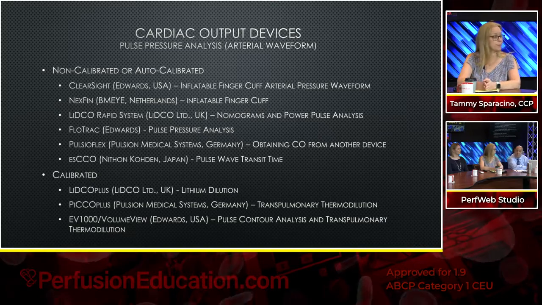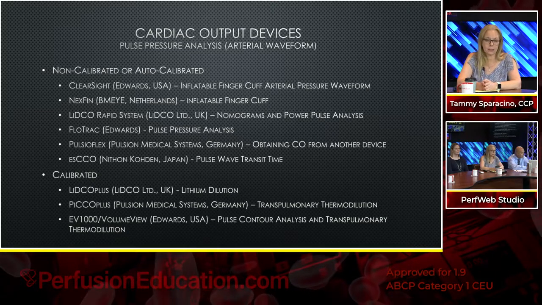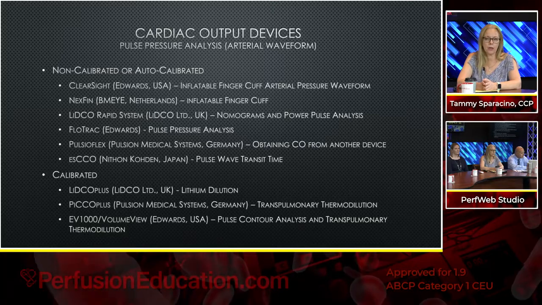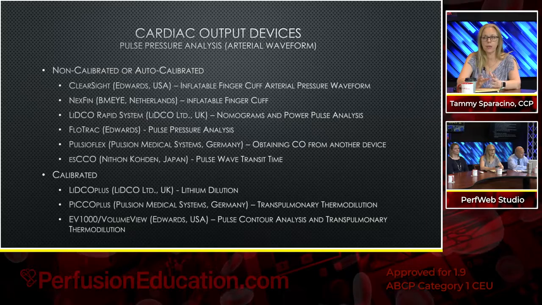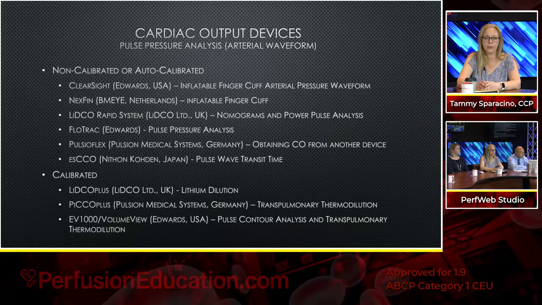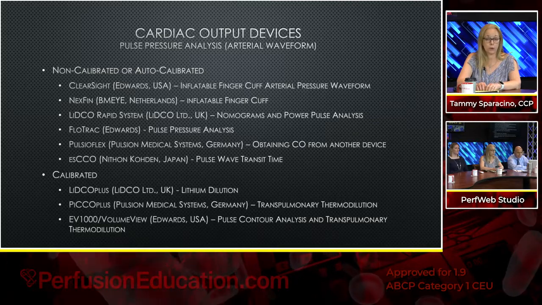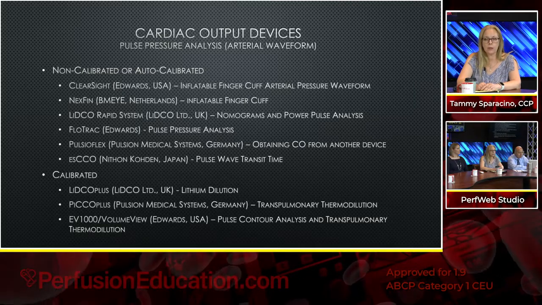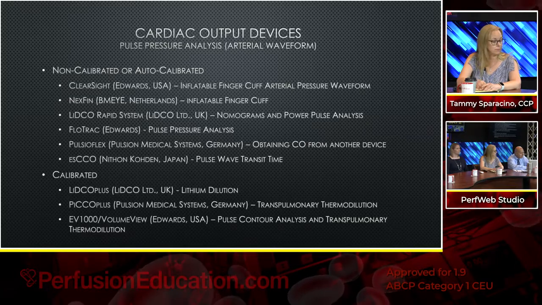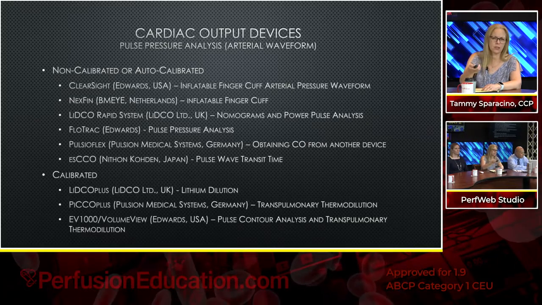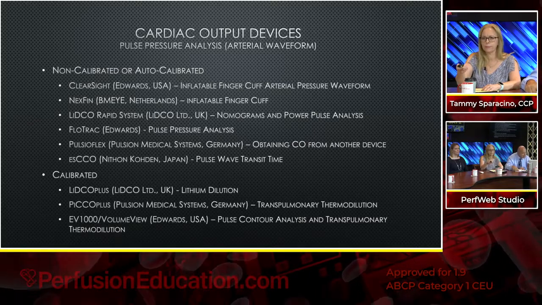Really? The Vigileo's off? It's gone. So we've got the EV1000, and it's called the VolumeView. It's their most complex, and it actually looks like it's the device that is going to use the most information to try to derive its parameters. It uses pulse contour analysis and transpulmonary thermal dilution. And I believe that just launched within the last year or something like that. It's pretty new. Yeah. I'll be interested to see more about that.